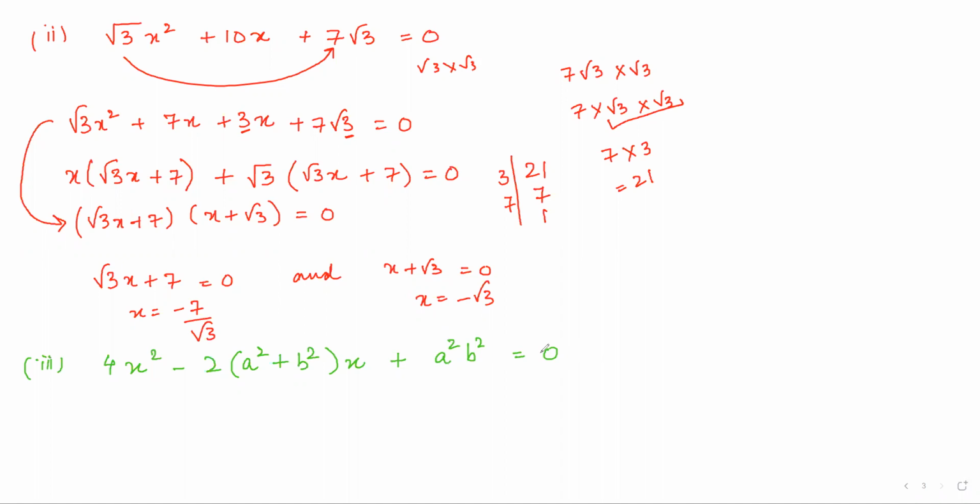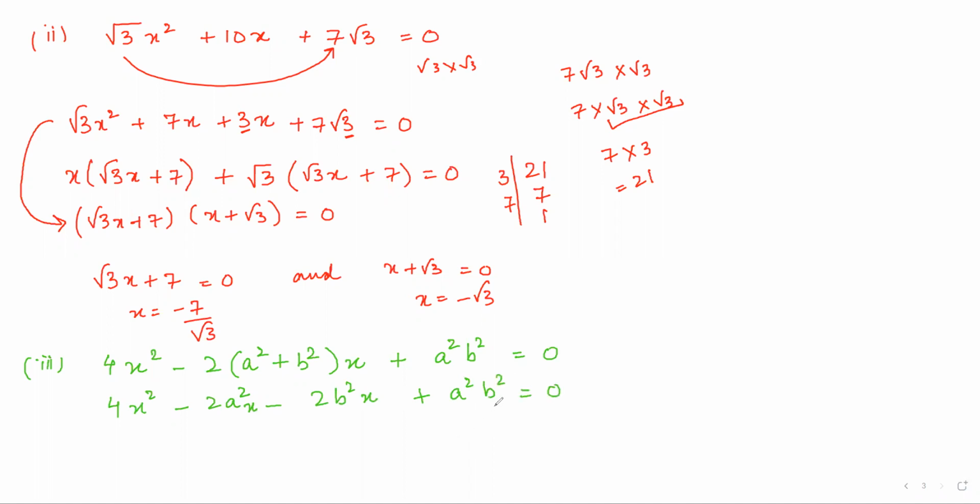Now in these types of questions, A and B type of questions, sometimes the middle term is already split. You just have to expand it. 4x square minus 2a square x and plus 2b square x, plus a square b square is equal to 0.